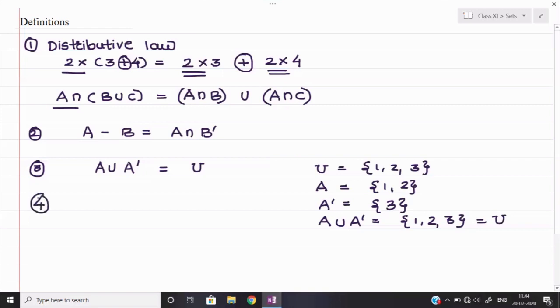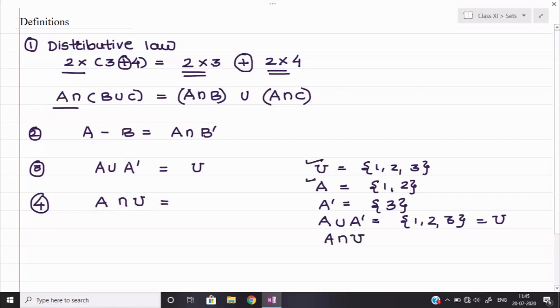Then the fourth one is A intersection U. If I take the intersection between A and U, observe, this is our U, this is our A. What will I get?